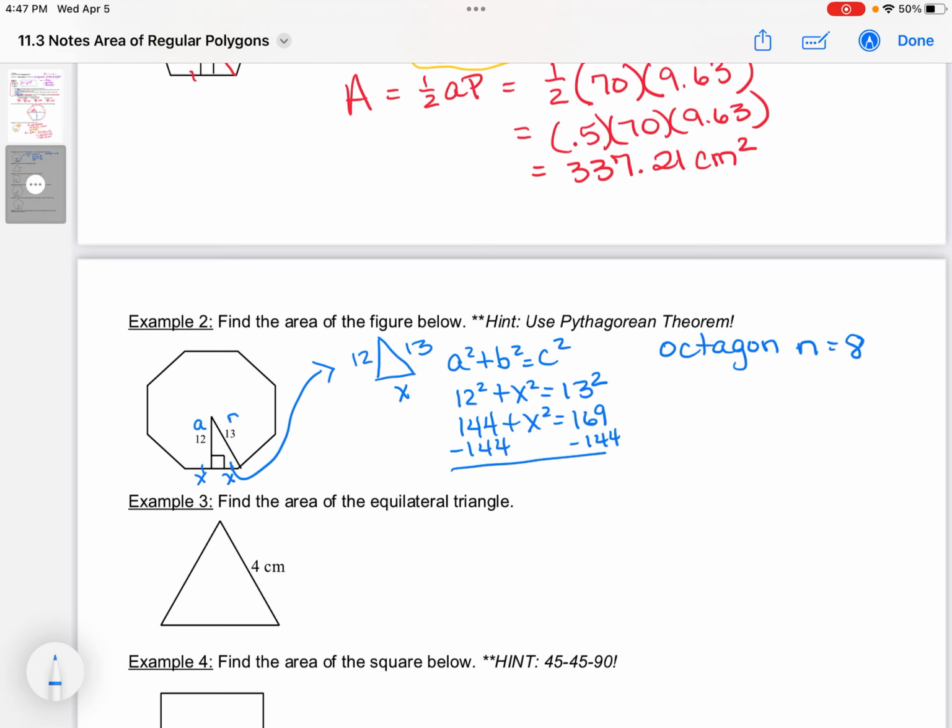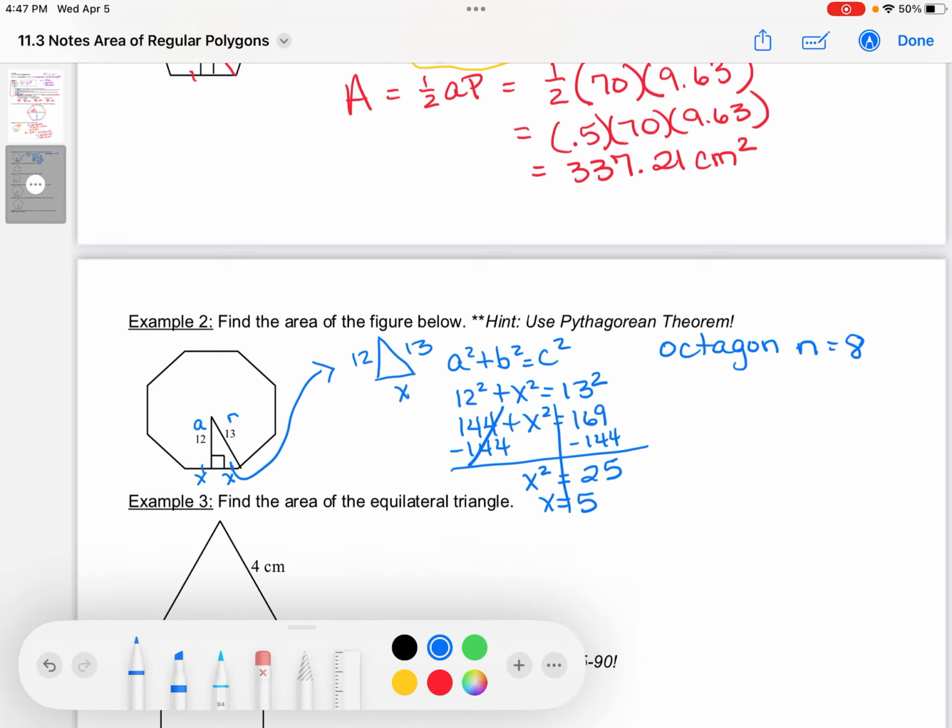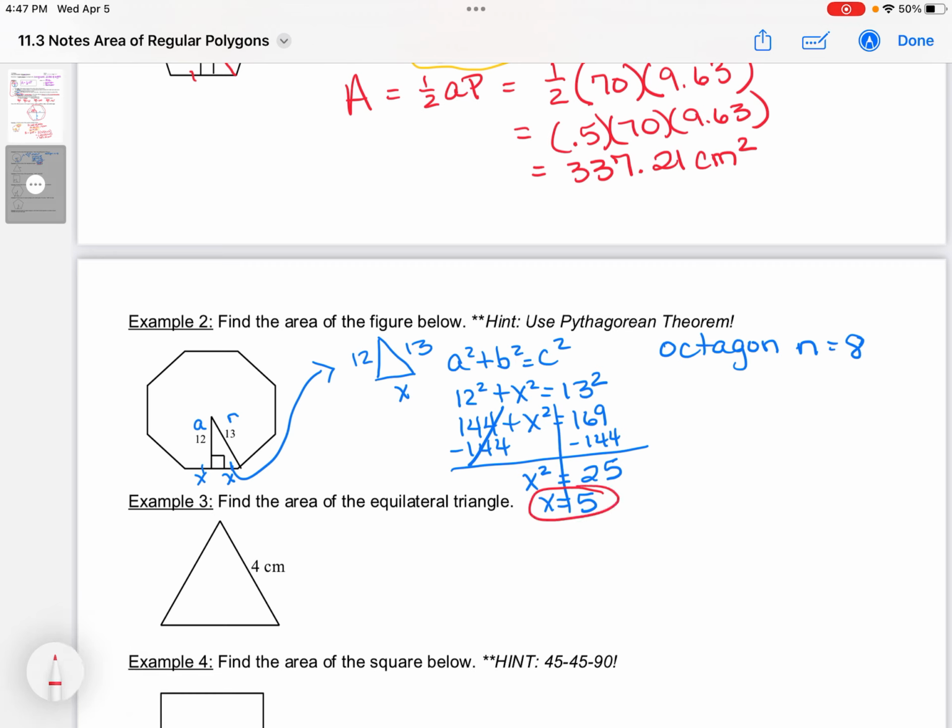We're going to subtract 144 from both sides. Hopefully, it's going to come out to be something like 25, so that when we take the square root, it's going to be 5. So what we know is this is my x.